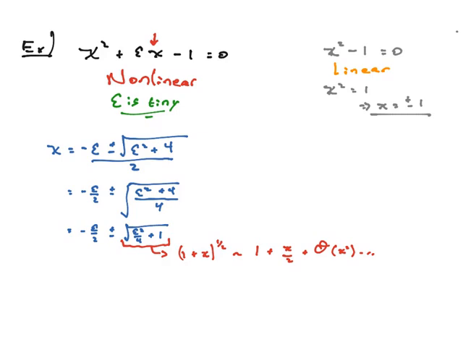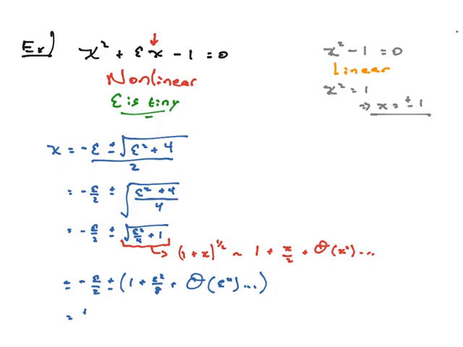All right, so with that power series of that square root, I could write this now as minus epsilon over 2 plus or minus 1 plus the x, remember, was epsilon squared over 4. So this is epsilon squared over 8 plus other stuff of order x squared, which is epsilon to the 4th power stuff. Okay. So, what is this?